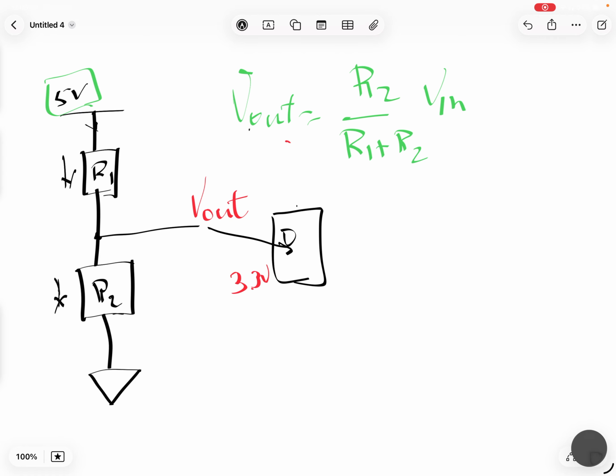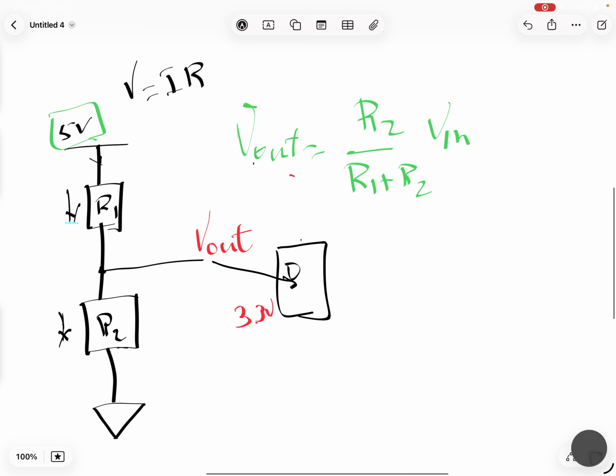This formula is derived from Ohm's law. If you understand Ohm's law, you know that Ohm's law states that voltage equals current times resistance. All right, let's go ahead and prove this formula a little quickly.